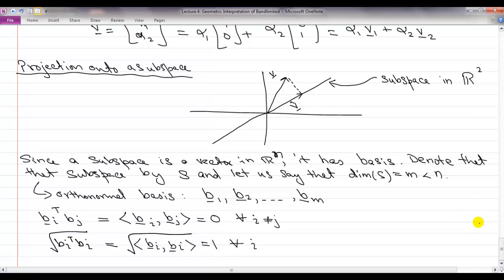If you have a subspace in Rn and someone comes and gives you its basis vectors, and someone comes and says, here is another vector in the vector space, find the closest point on that subspace, which is found by dropping a perpendicular.